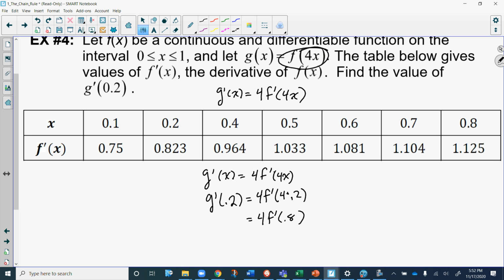And f prime of 0.8 is given to me from the table to be 1.125. So we get 4 times 1.125. And here I would just go to my calculator. I'm not going to try and do that by hand. And we're going to wind up with 4.5.